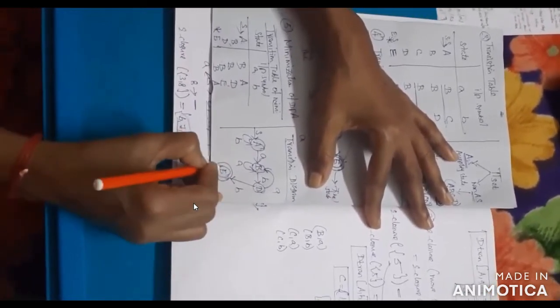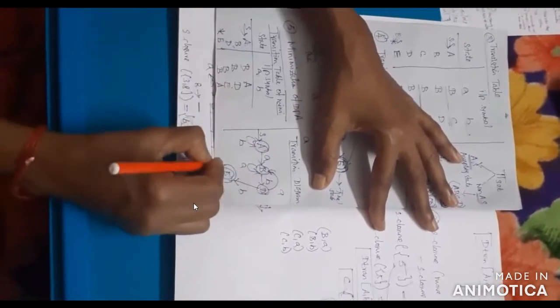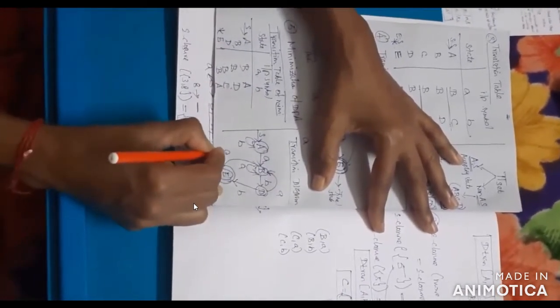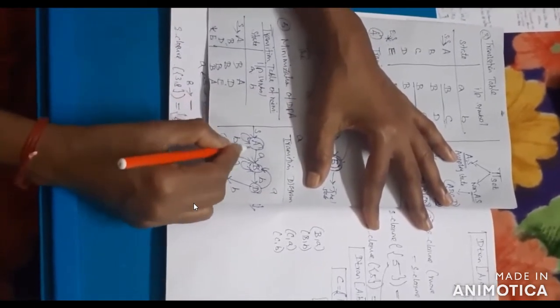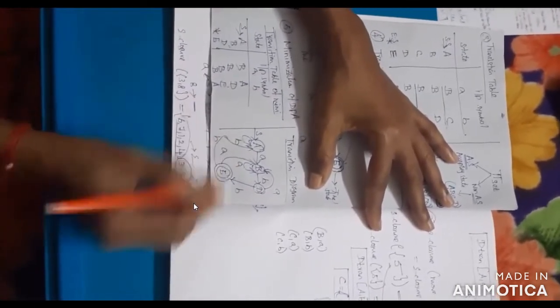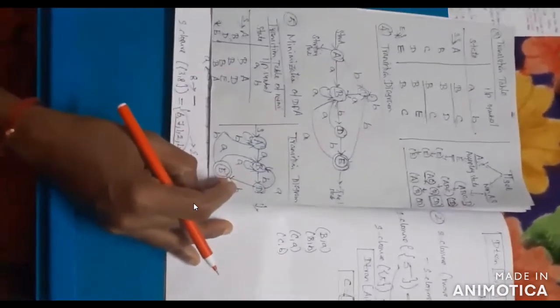Then E on a goes to B, and E on b goes to A. So this is the transition diagram.